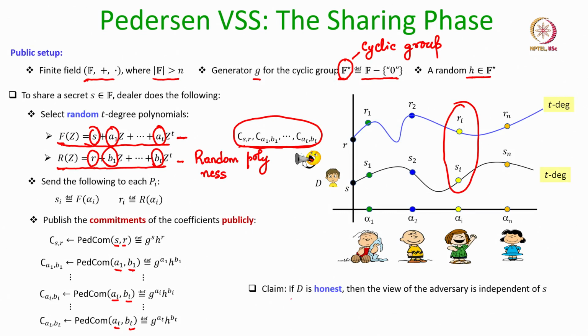Now, let us make few claims here first before going further. If the dealer is honest, then the view of the adversary will be independent of the dealer's secret. So, there could be up to t corrupt parties.